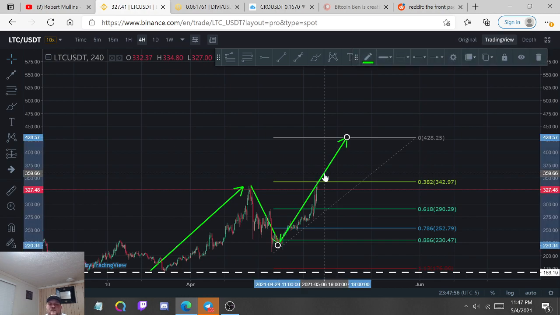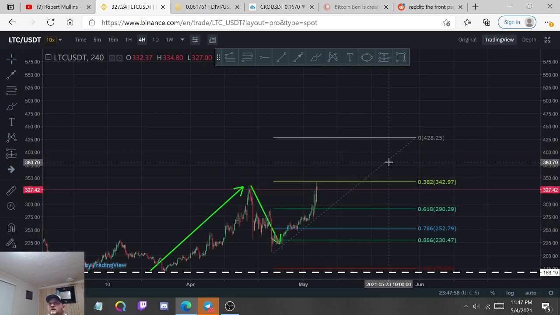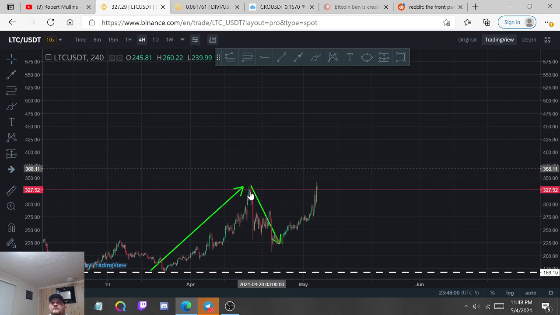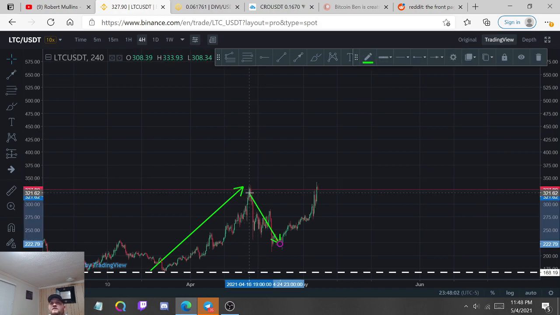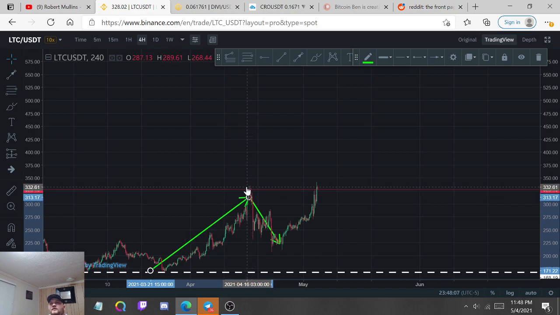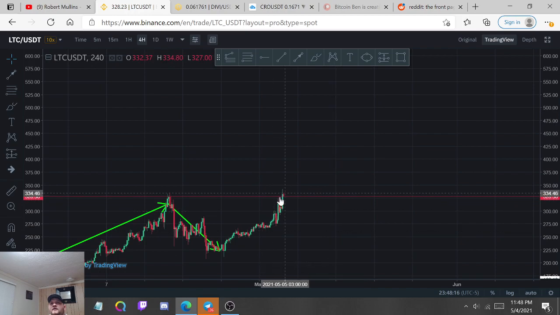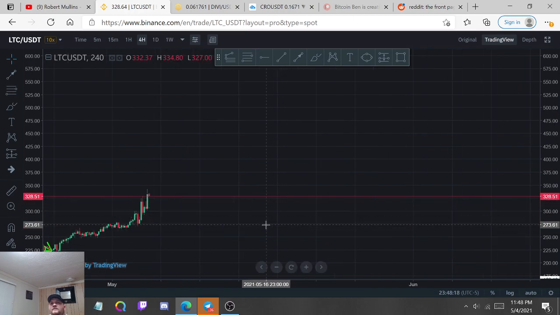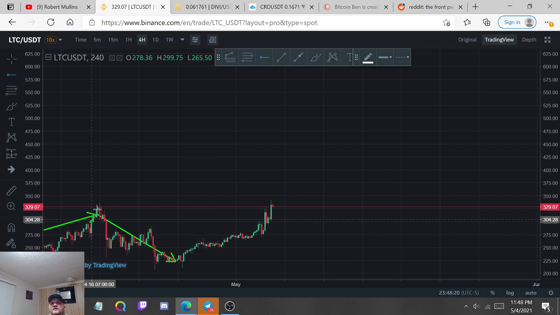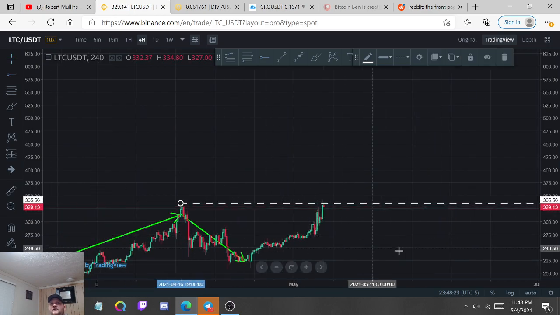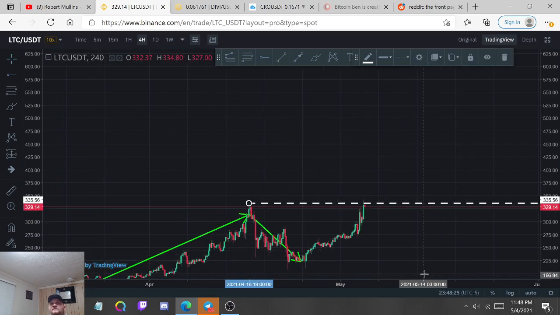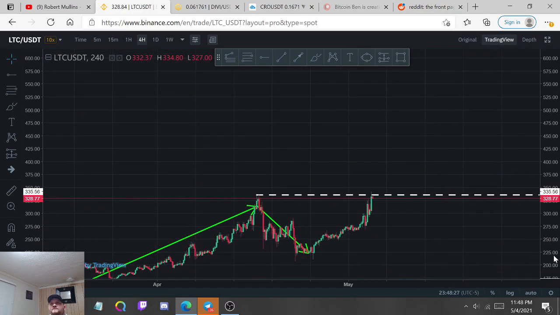Right now we really needed Bitcoin to put in a higher high, higher close than this one, right here at 335. We need a higher high, higher close. We did not get it right here. You can see if you just put a line right there, we didn't get it.